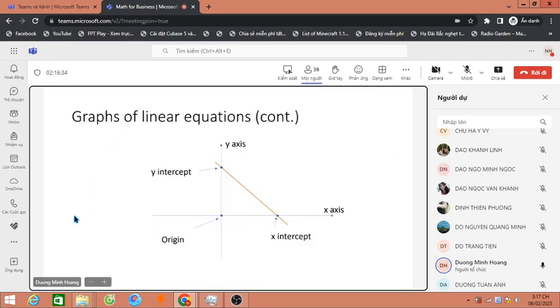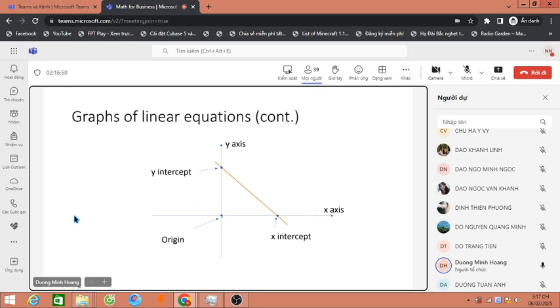Some vocabulary here for you. For example, this axis here we call the y-axis or the vertical axis. And the axis here, we call the x-axis or the horizontal axis.